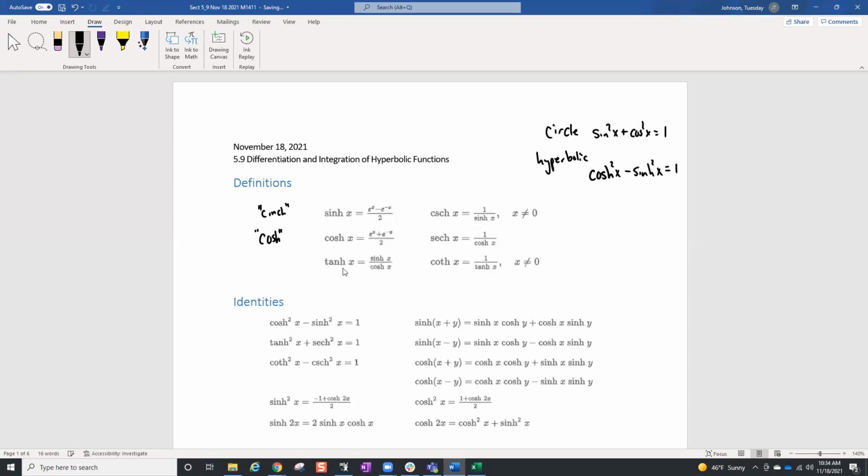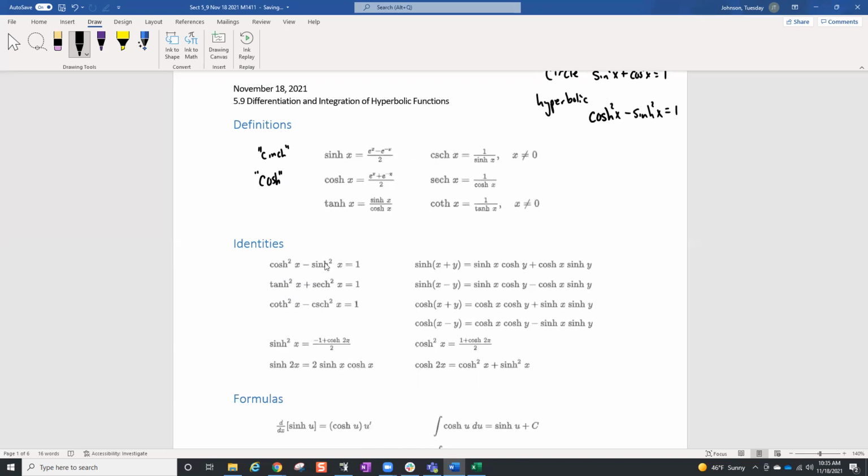The others are hyperbolic tangent, hyperbolic cosecant, hyperbolic secant, and hyperbolic cotangent. We don't use those as often. These ones have quick and easy words because mathematicians could say sinh or hyperbolic sine. And you know we're lazy, so I'm going to be saying sinh.